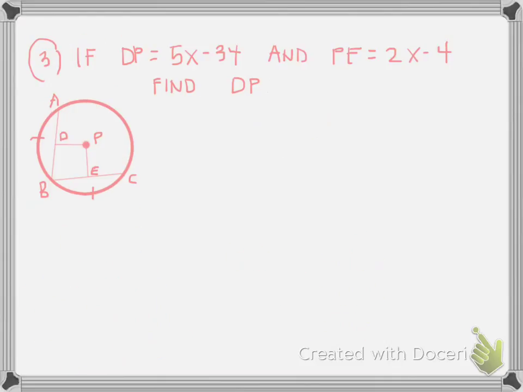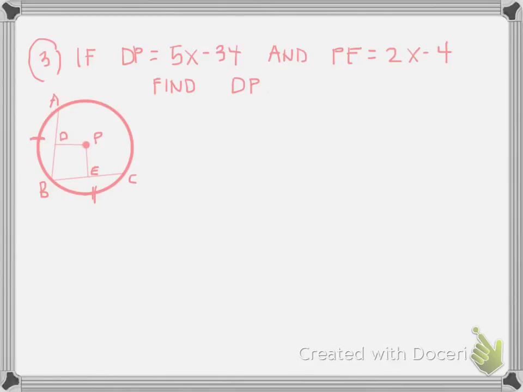Okay, let's do another one. So here DP is going to be equal to 5x minus 34, and PE is going to be equal to 2x minus 4. Find DP. Well, I know that these arcs are congruent, so that means that these chords, AB and BC, would also be congruent.